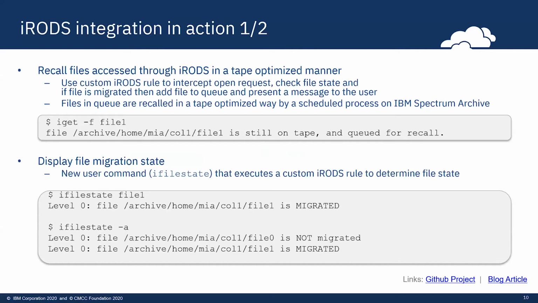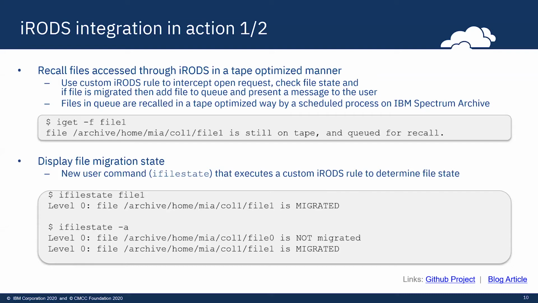So one of the key aspects is this transparent recall, especially if a user accesses hundreds of files transparently in the file system, right? So what we really want to do is recall these files in a tape optimized way, okay? So we used custom iRODS rules to intercept the open request for a file. We check the file state in the Spectrum Scale file system, whether it's being archived, whether it's being migrated or not.